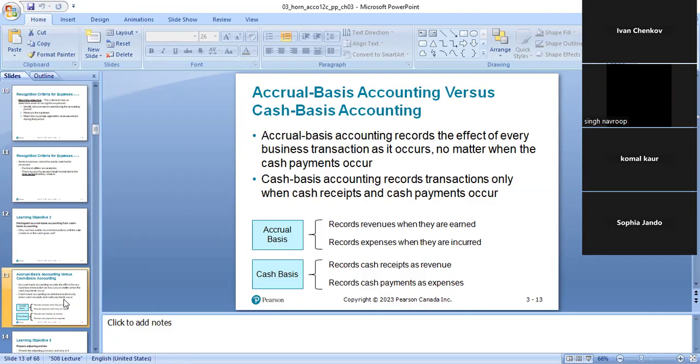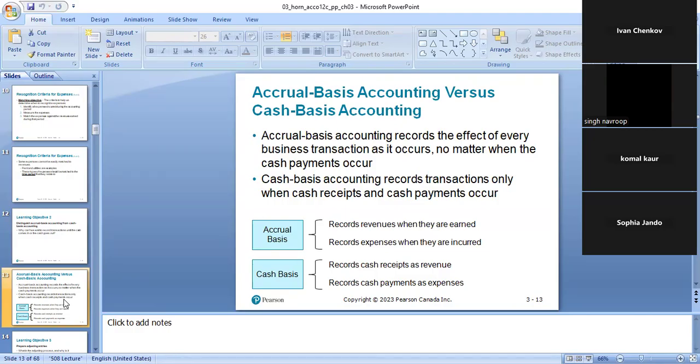In accounting, we have to show the revenue in the right period, when the service is provided, not when the cash is paid. And we have to show the expenses in the right period, when the expenses are related to the revenue, not when the expenses are paid. That's called accrual accounting.